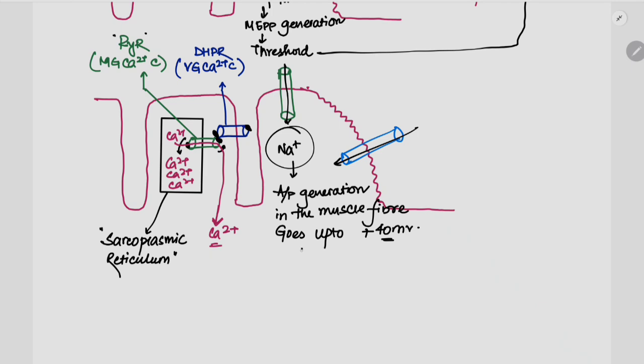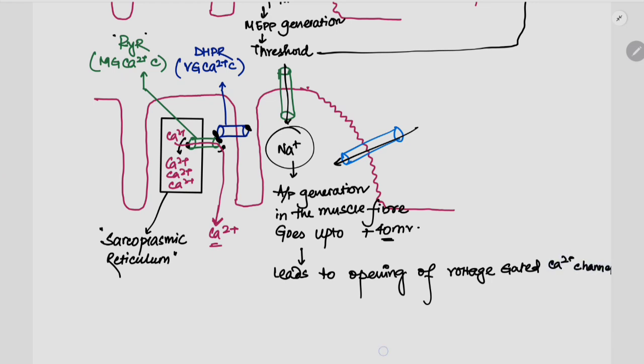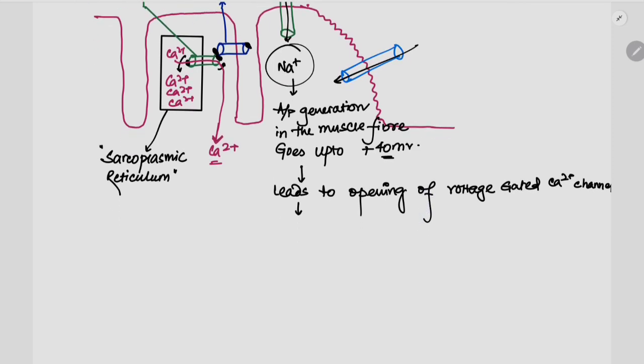So firstly we write that it leads to opening of voltage gated calcium channels. Then what happened? This point is very important.